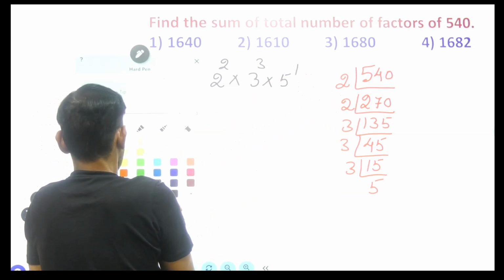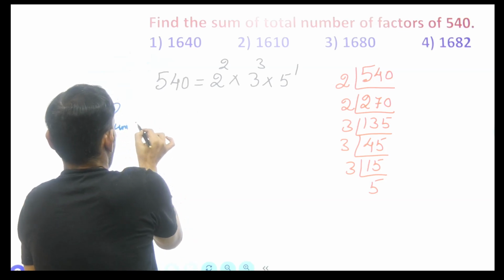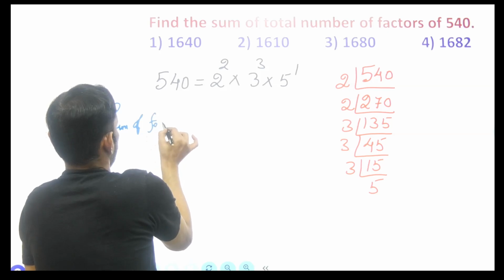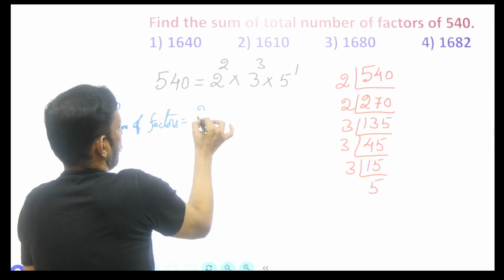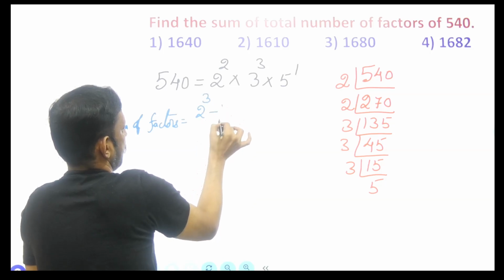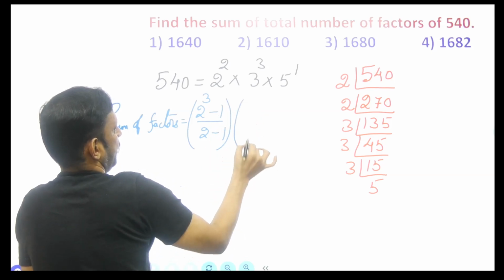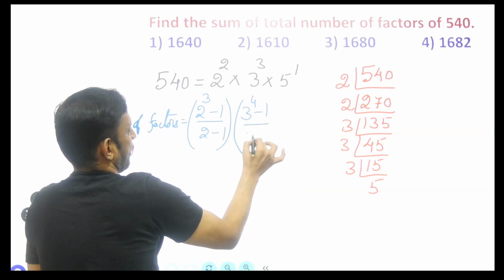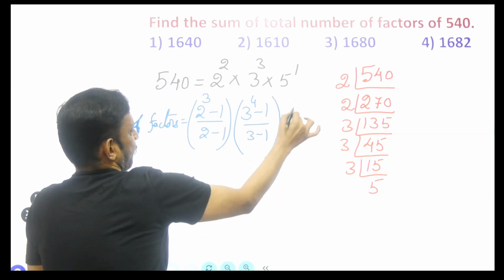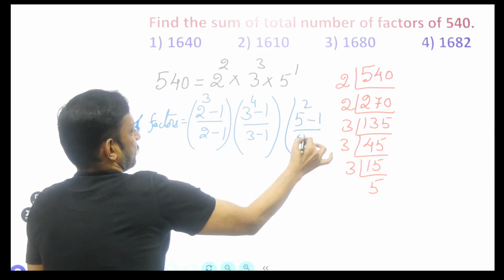And the formula to find the sum of factors: sum of factors is equal to, just increase the power by 1, 2 cube minus 1 by 2 minus 1. Again 3 power 3, increase it by 1, 3 power 4 minus 1 by 3 minus 1. Again 5 square minus 1 by 5 minus 1. Finished.